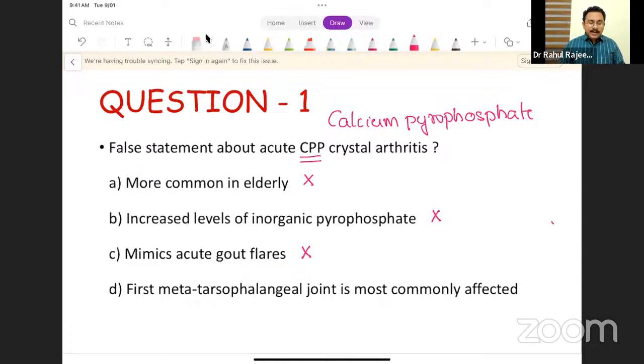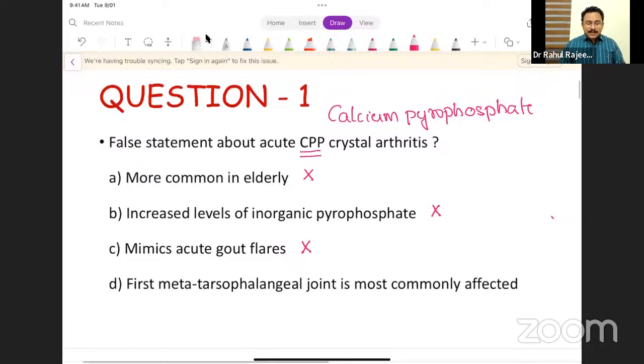Coming to the last option, what do you think, Dr. Lakshmi, Dr. Bismi, Dr. Himasri, what is the answer? The last option is that the first metatarsophalangeal joint is most commonly affected. Though I told you that acute CPP arthritis can mimic gout, the first metatarsophalangeal joint, which is the most common joint involved in gout, is very rarely affected in pseudo-gout.